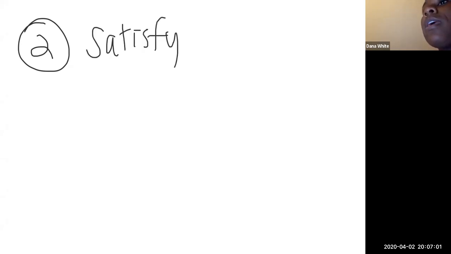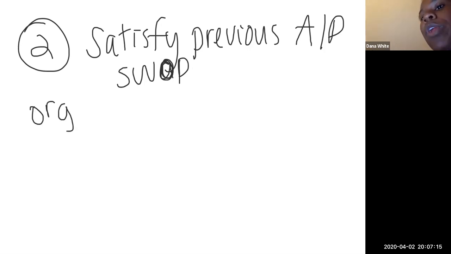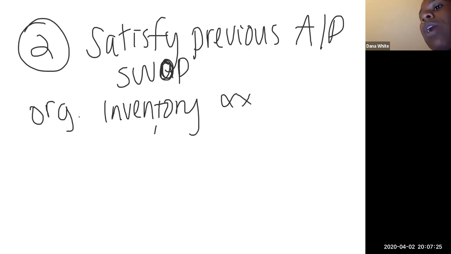Scenario number 2, the reason why we would issue a short-term notes payable: maybe we're satisfying a previous accounts payable. Now, this is where we will do a swap. So the original entry may have been recorded as a debit to inventory of X amount of dollars, and then a credit to accounts payable.